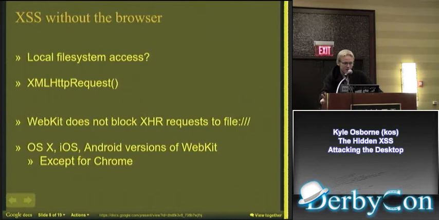It includes Chrome, but Chrome is not vulnerable because Google actually prevents you from making these. Even if you're in file:/ you can't make XHR requests, which presumably might break things if you have some desktop application that uses it, but who's ever seen that? So like I said, OS X, iOS, Android, except for Chrome.